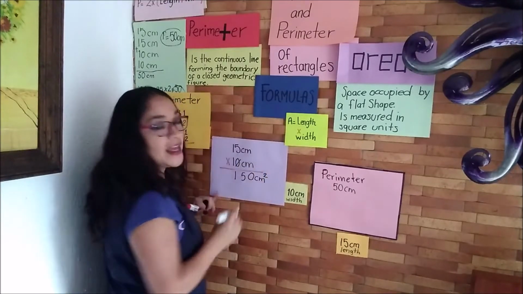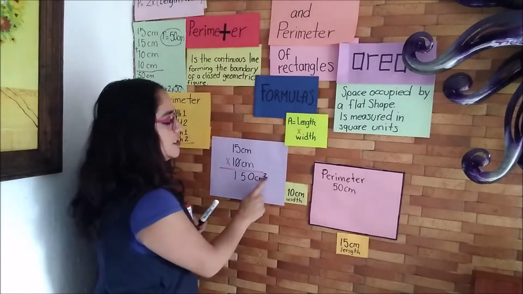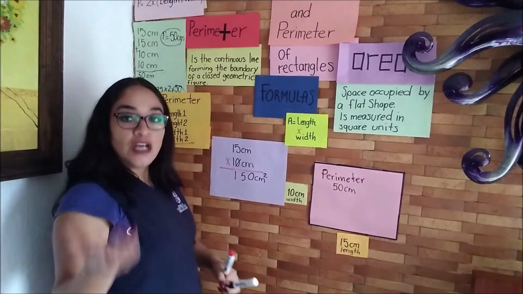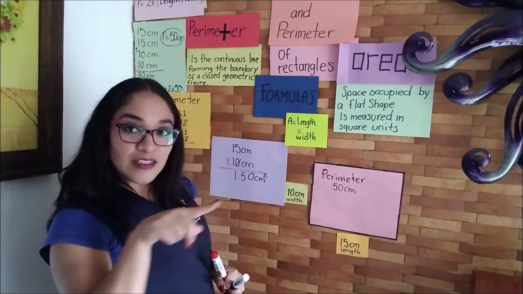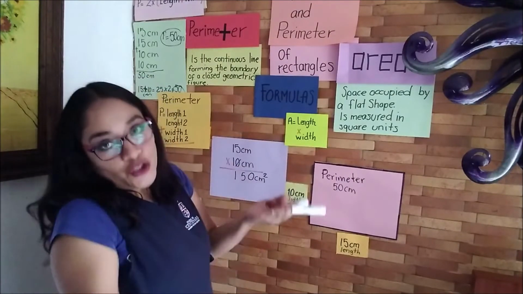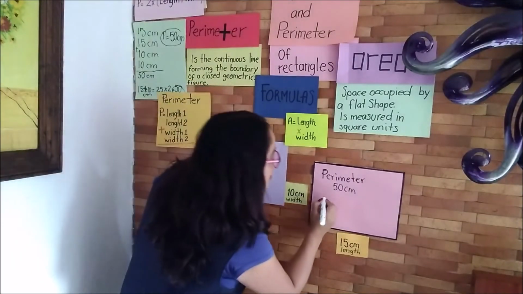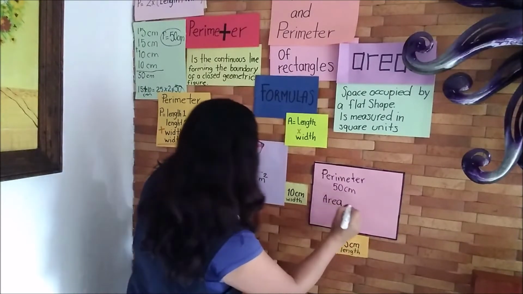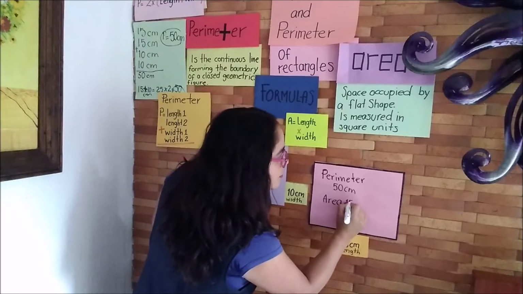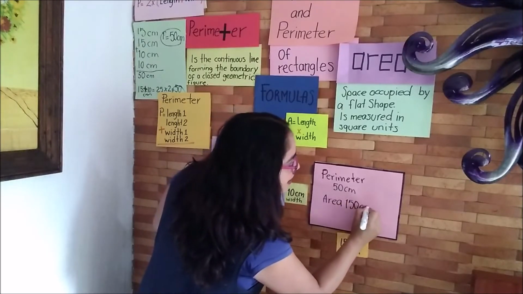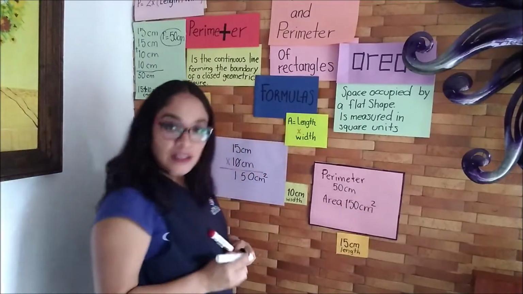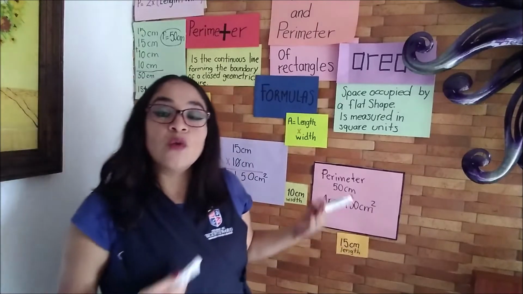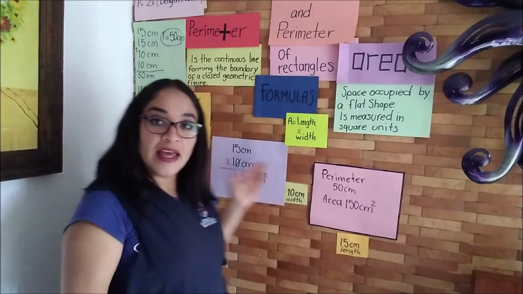Remember, we're multiplying also the centimeters, so this is very important that we don't forget to add the square, the 2, that means the square unit, okay? So the area is 150 centimeters squared.